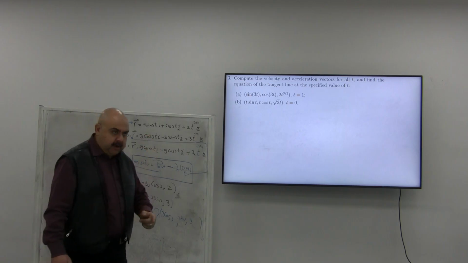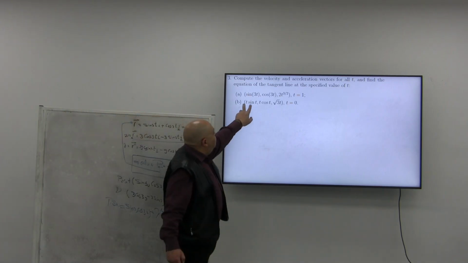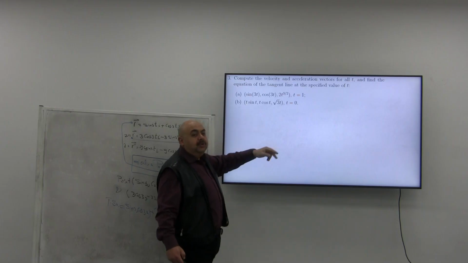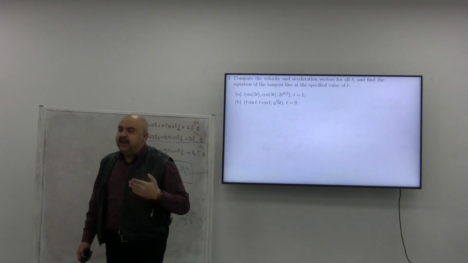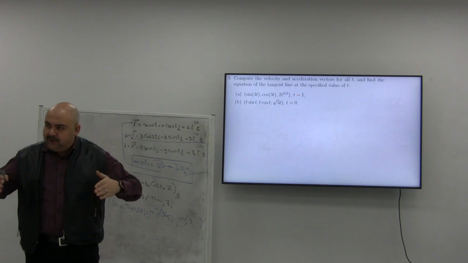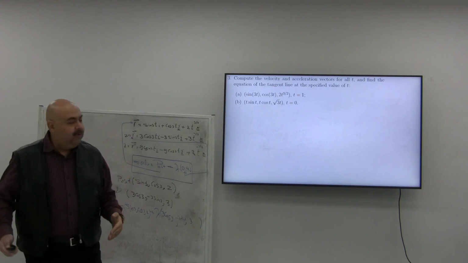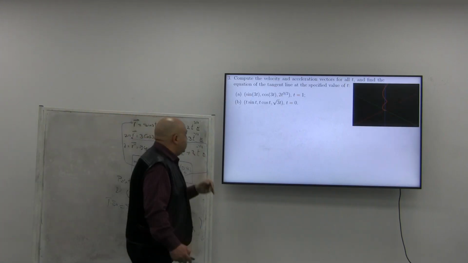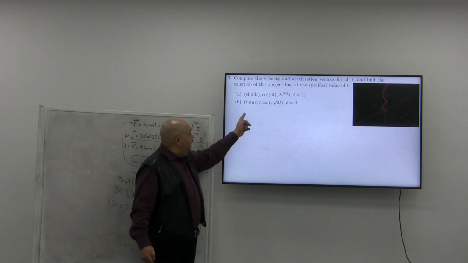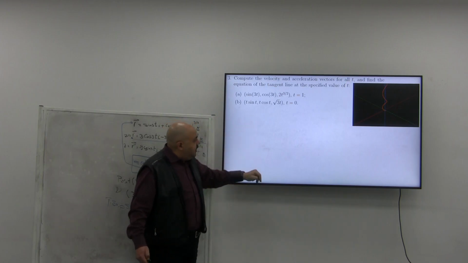Because if you remark, these are two functions multiplied by each other, so with each derivative, this component will grow larger. That's the case of this one, at root 3 and t.